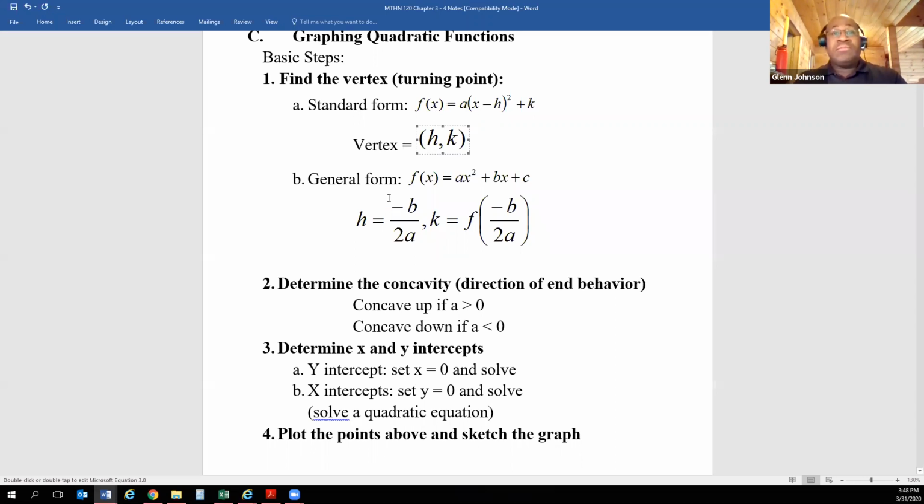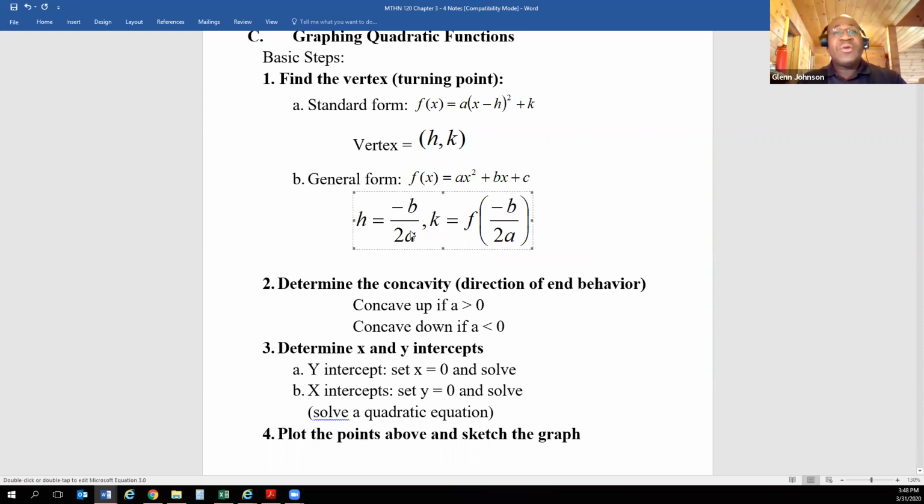So you don't really have to do a whole lot to figure out what the vertex is. Now, if the quadratic function is in general form, ax squared plus bx plus c, then to find the coordinates of the vertex, the x coordinate of the vertex will be given by negative b over 2a. So a, b, and c are just the coefficients of the terms of the quadratic expression.